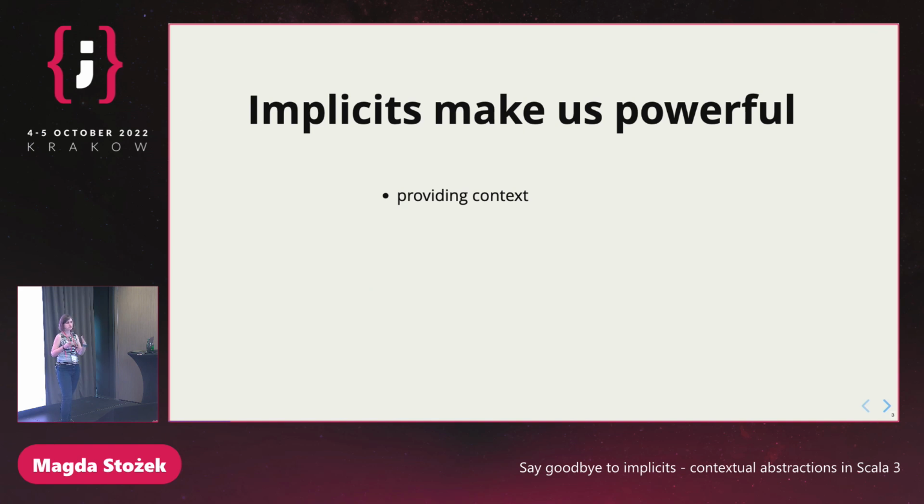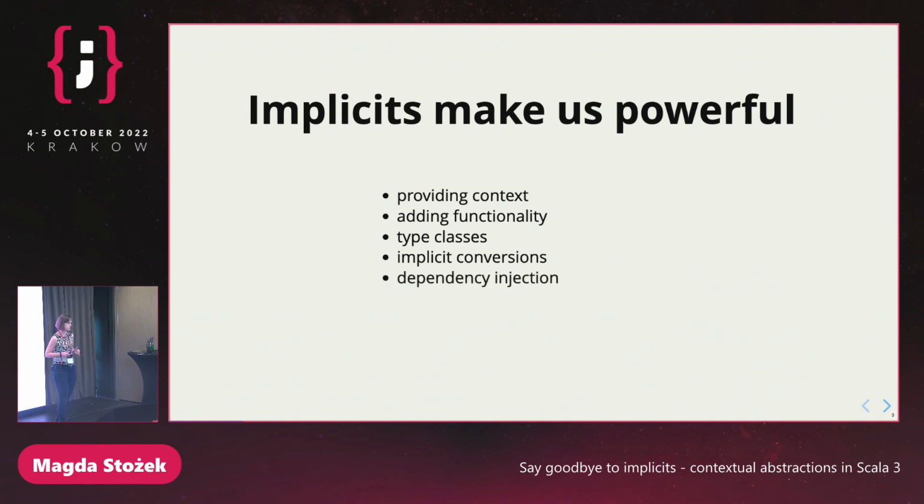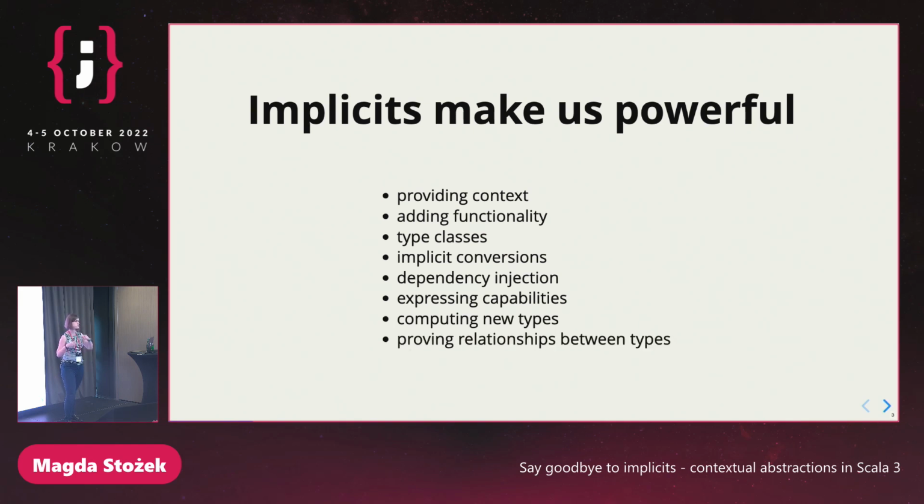And apart from providing context, which is just a general, let's say, term, the implicit keyword can be used to add functionality to your code, to define type classes, which in themselves are a very important and powerful feature of the language, to provide implicit conversions between types, even to solve the issue of dependency injection, to express capabilities about the code, to compute new types, and to prove to your compiler that some relationship between your types exists.